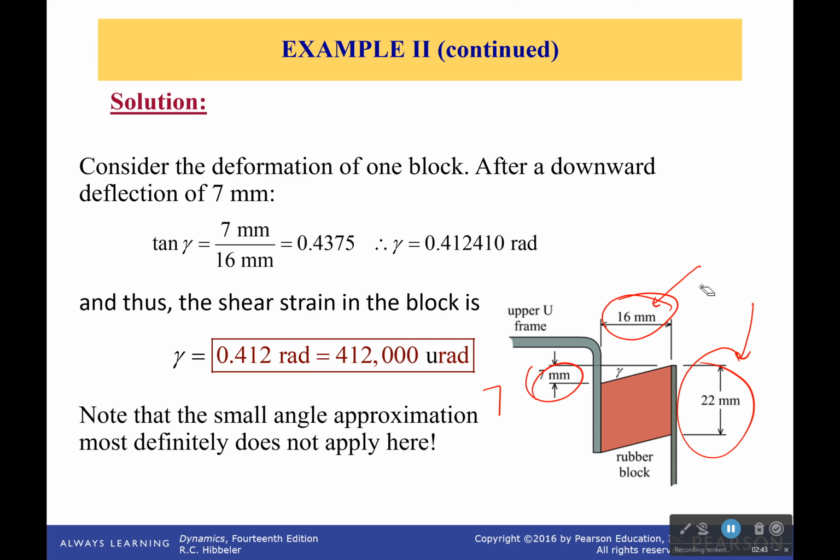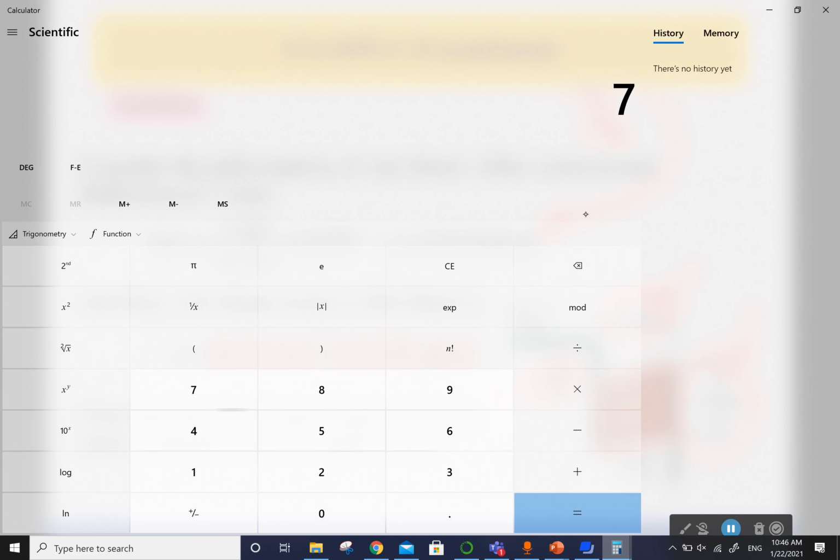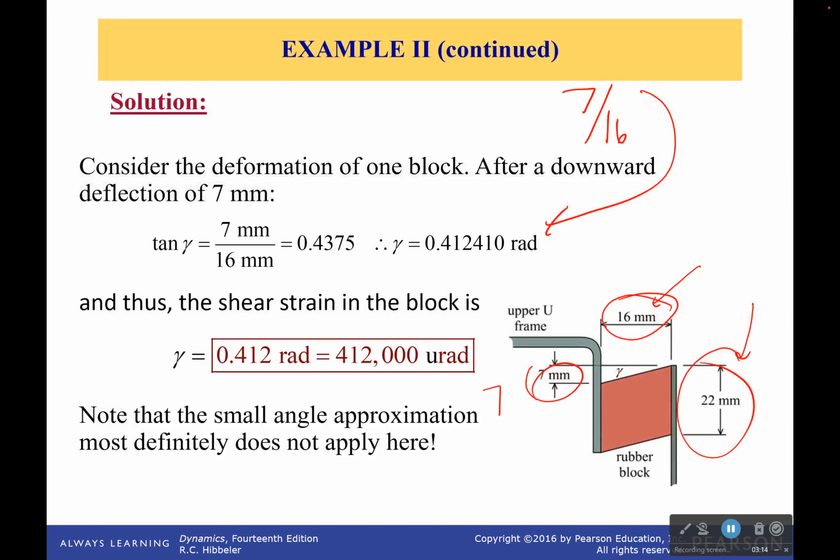Now let's just check for a second and see how far off it would be if we were to make that approximation that tan of the angle is equal to the angle. Okay, so let's see, we have 7 divided by 16, and if we're lucky, that should equal 0.412, which it's not going to. I'll go ahead and pop up my calculator. 7 divided by 16. 0.4375.